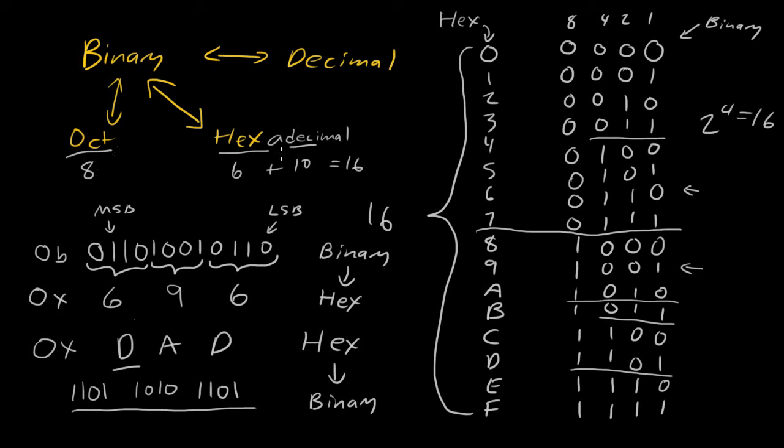So if I want to represent 8 possibilities, I only need 3 bits. 2 to the 3 is equal to 8. So I only need 3 bits to represent all 8 possibilities. In fact, if I look at just this part of the table over here, right?